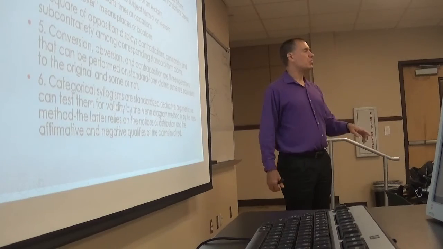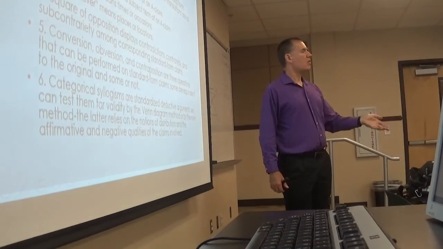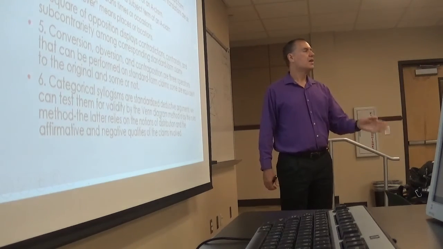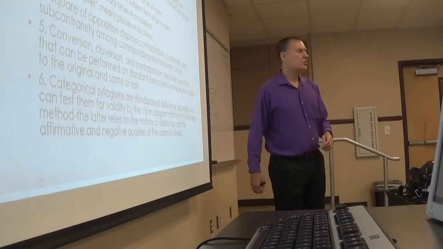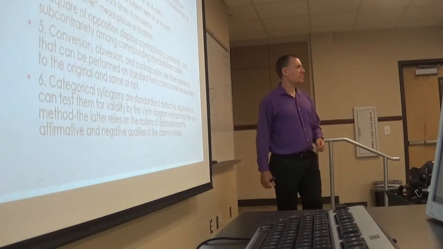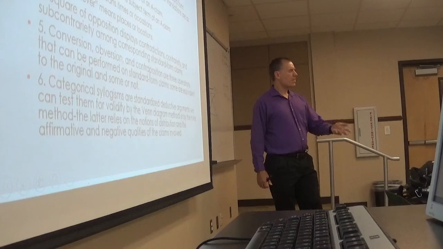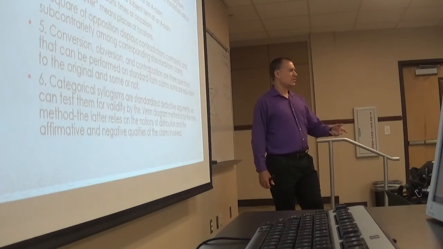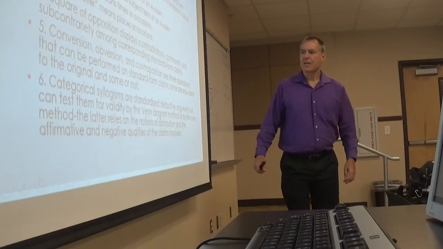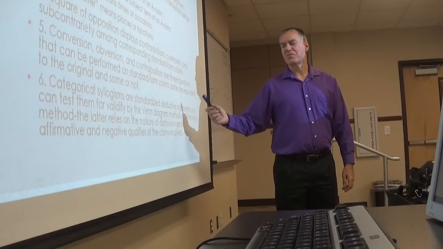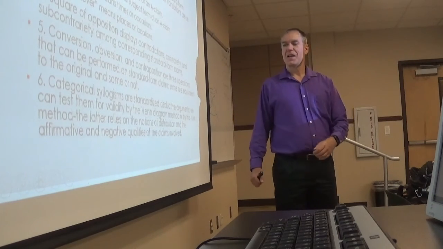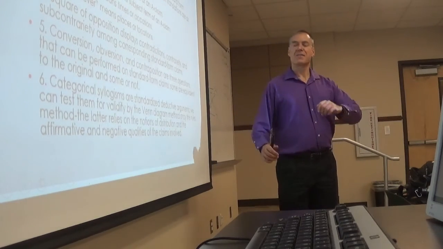Conversion applies just to the symmetrical claims, all, none and some are. And contraposition applies to the non-symmetrical, namely the all S are P and some S are not P. Then we looked at how you test them with Venn diagrams, and then we're done with that.